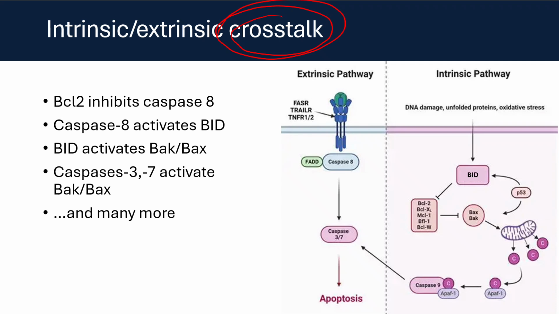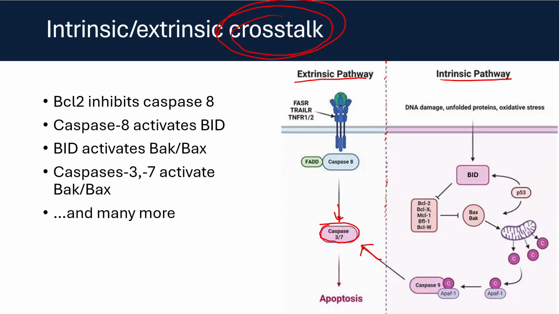Well, let's revisit this earlier scheme where we break down the extrinsic and intrinsic pathways. Remember how this graphic sort of neatly silos them into two separate beasts that will eventually converge onto the common ground of executioner caspase 3-7 activation?